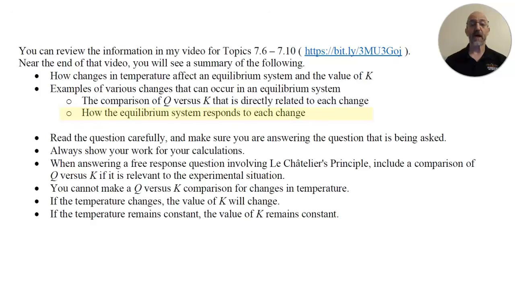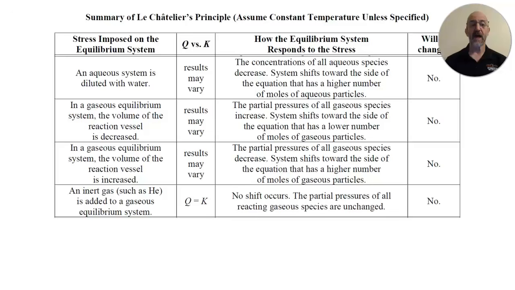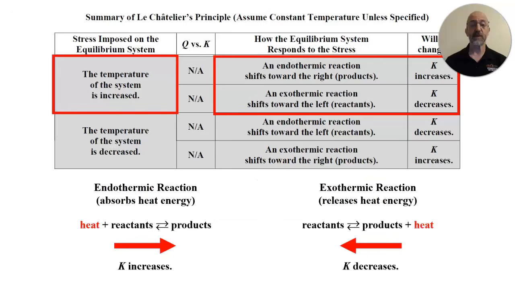So on the next couple of slides here, this is an example of what that video includes with respect to a summary of Le Chatelier's principle. So I talk about a catalyst, I talk about solids and liquids, I talk about removing or adding a substance, I mention what happens if there is a dilution of an aqueous system with water, what happens in a gaseous equilibrium system if the volume of the reaction vessel is changed, adding an inert gas such as helium to a gaseous equilibrium system.